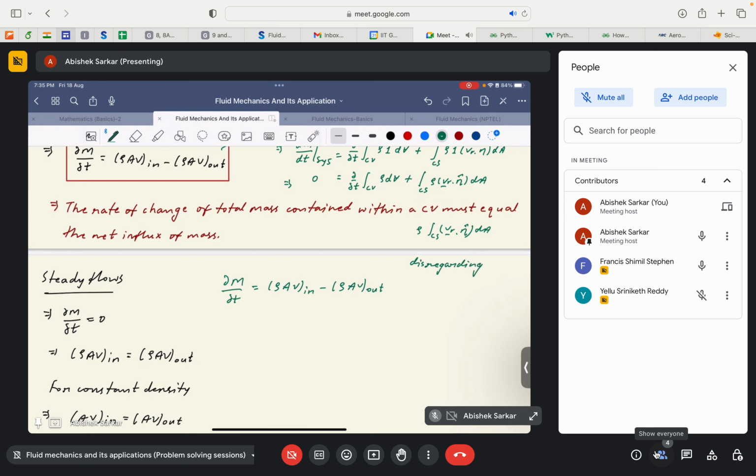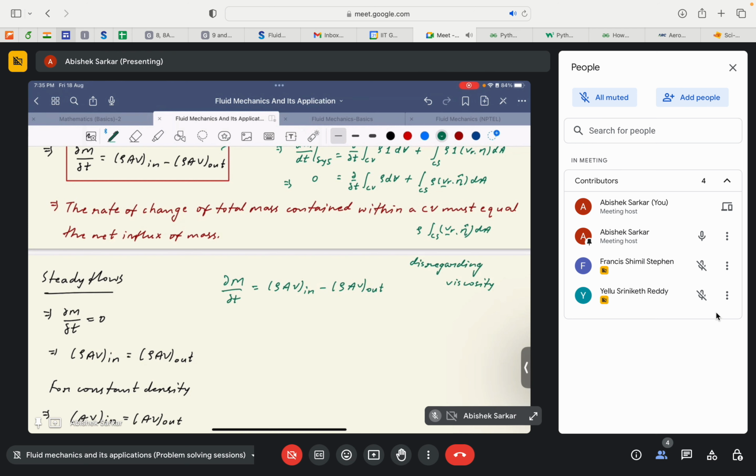In this transport equation, can you explain why we are using a control surface term? The fluid will be entering the control volume, so why are we concerned about the control surface?